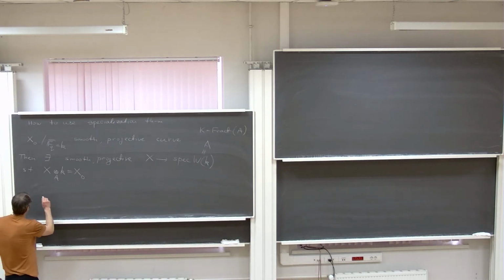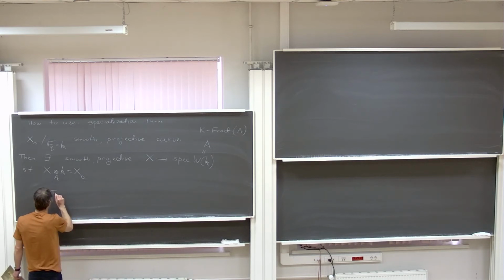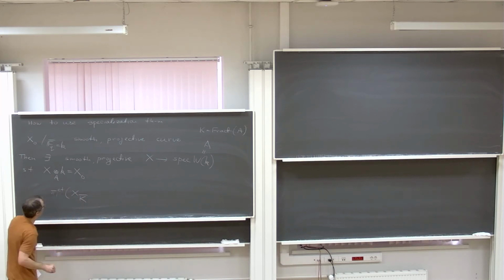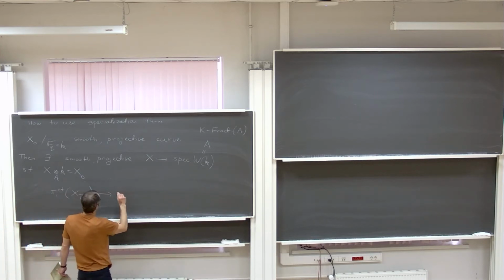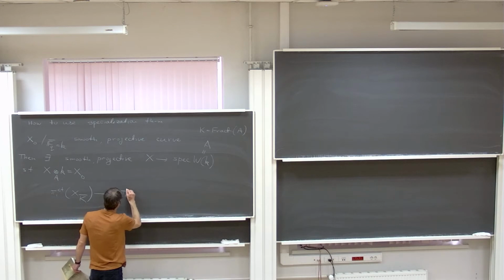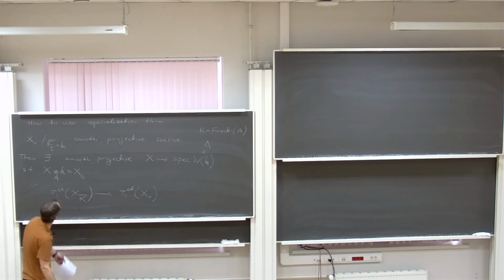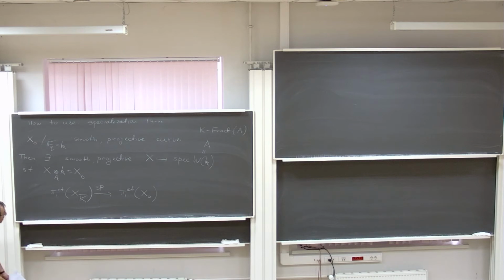We have the fundamental group pi1 étale of X over K bar, and the specialization map goes to pi1 étale of X0. That's already over an algebraically closed field. This is specialization.